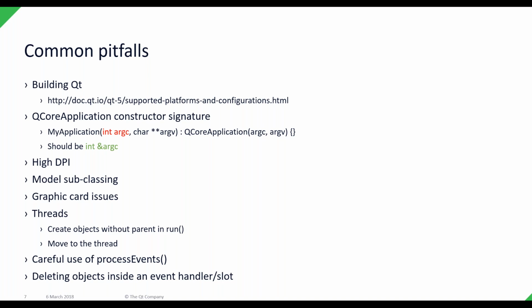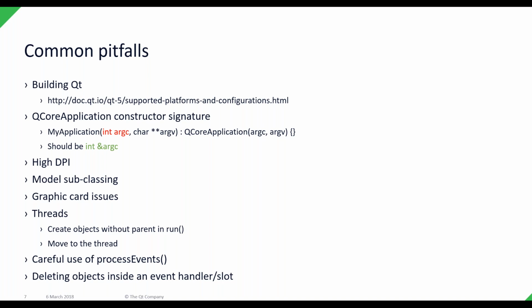The reason we need it to be an integer reference is because Qt will actually modify the original value. And therefore, if it ends up modifying a copy, this causes problems later on, because it causes memory corruption, and then you might get some strange crashes that you can't explain.